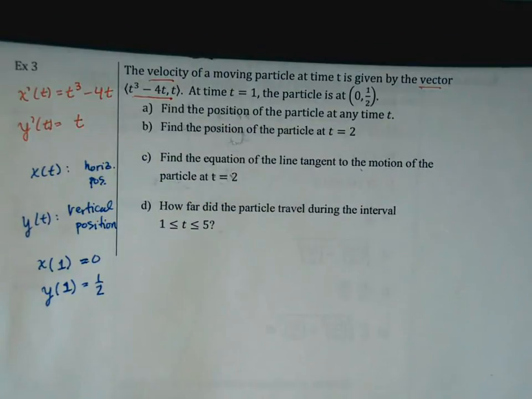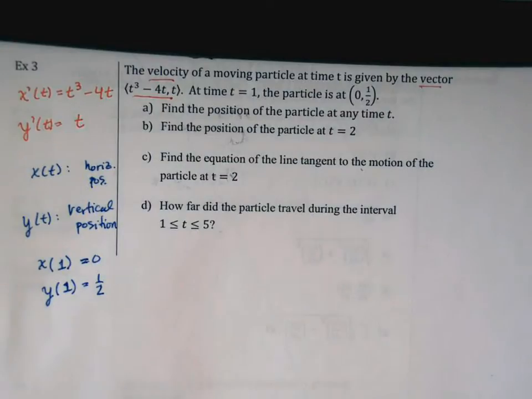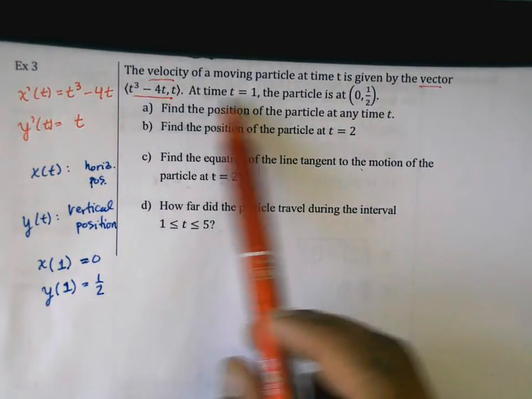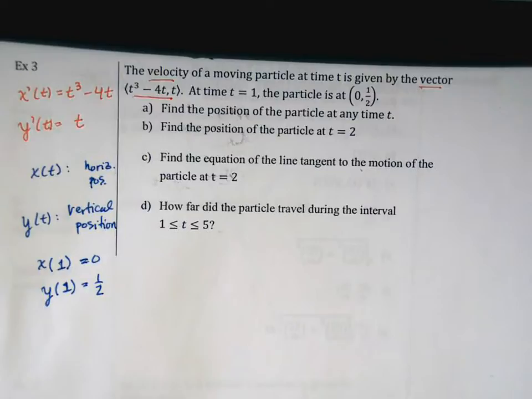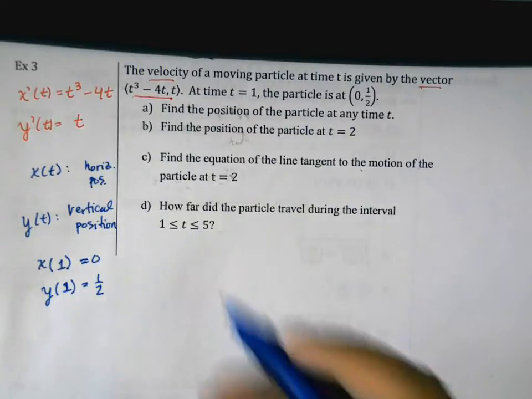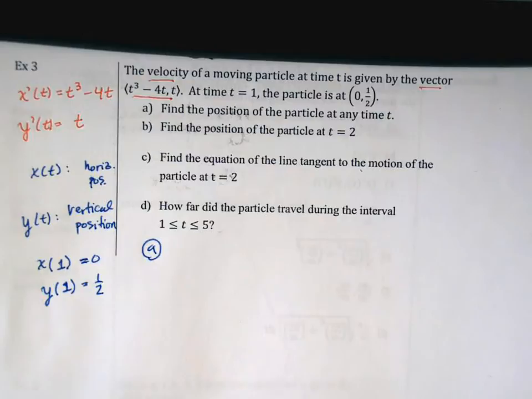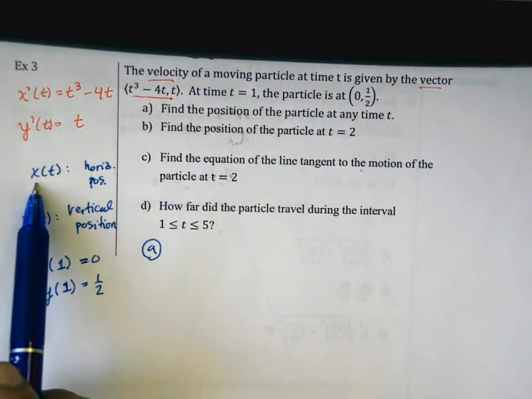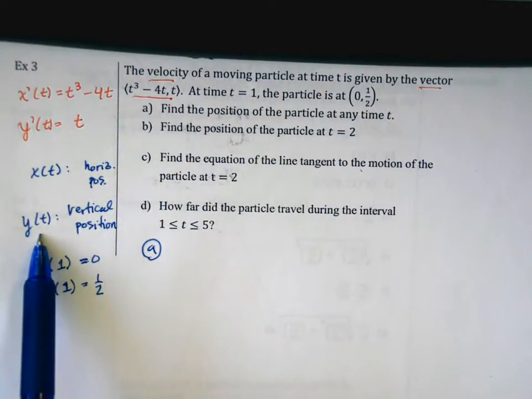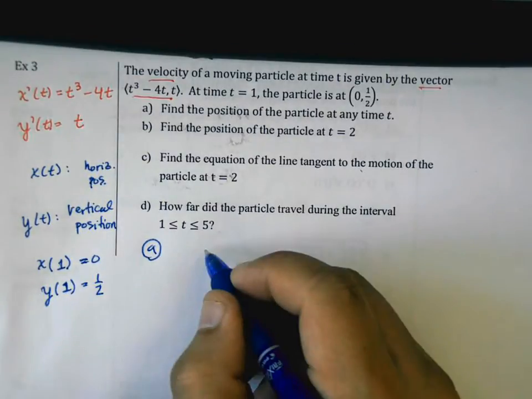There's quite a bit of information wrapped up in two neat little sentences, and we should be able to solve the rest of these problems. So A, find the position of the particle at any time t. To solve part A, I am going to figure out the horizontal position and the vertical position at any given time.